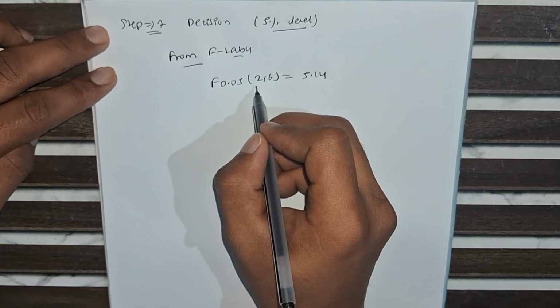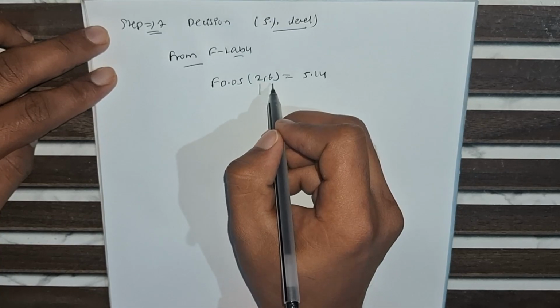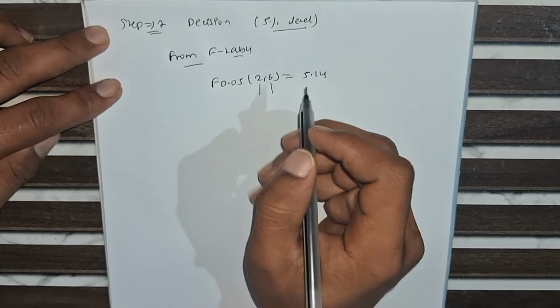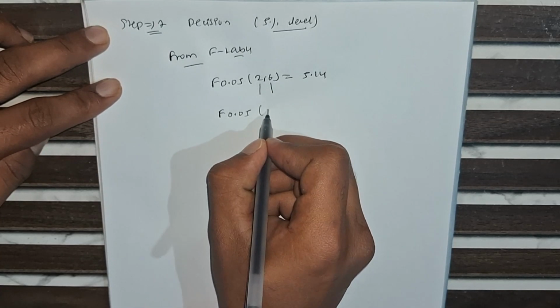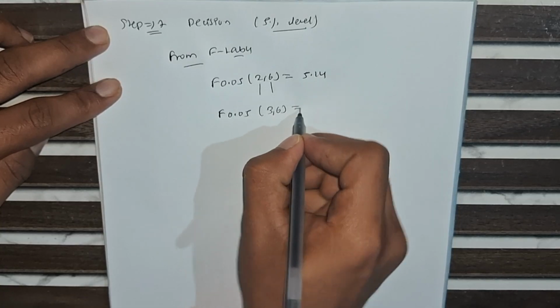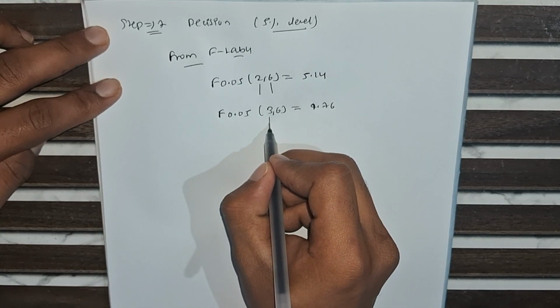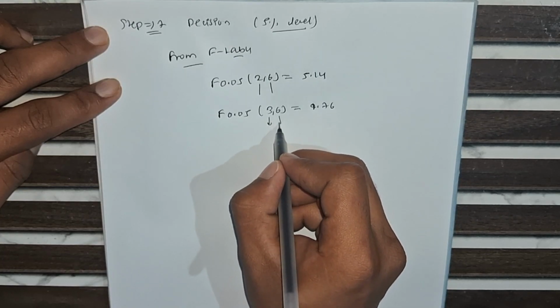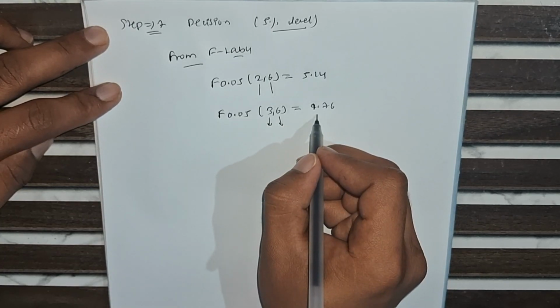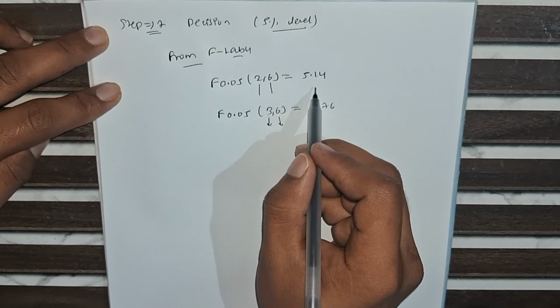First we understand what 2,6 is. 2 is the degree of freedom for varieties, and 6 is the error. And like that, F 0.05 at 3,6 equals 4.76. This is the degree of freedom for plots, meaning rows, and the error. We can clearly see that this value will be given in the table.